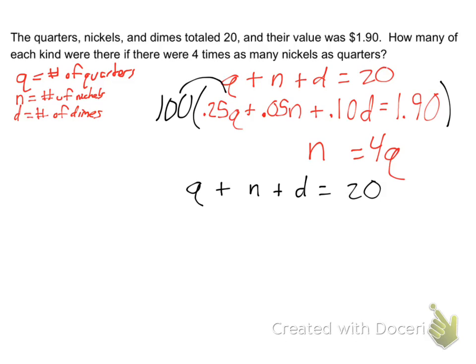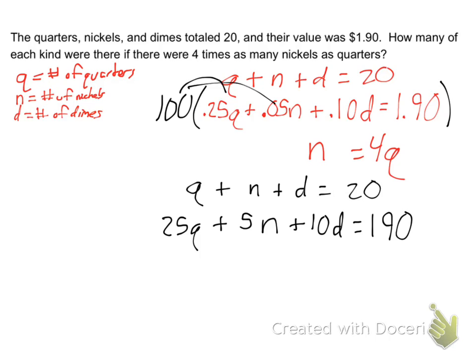But then 100 times 0.25Q is 25Q, plus 5N, plus 10D equals 190. And then N equals 4Q.